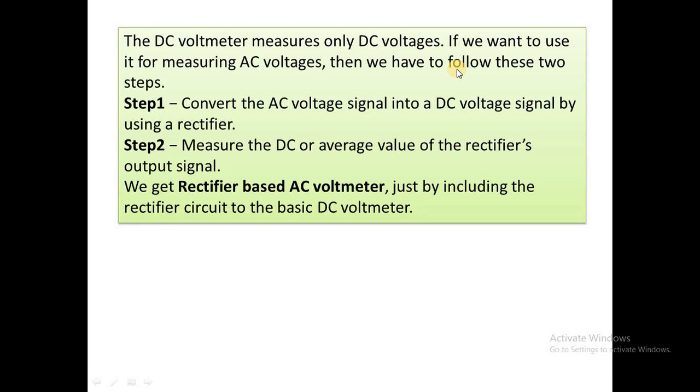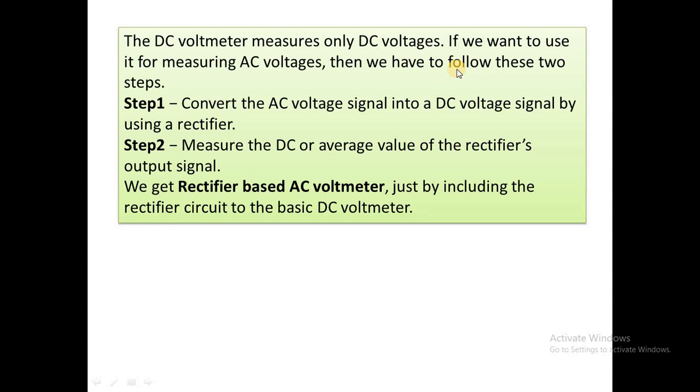First, we convert the AC voltage signal into a DC voltage signal by using a rectifier, and the second step is to measure the DC or average value of the rectifier's output signal. We can get the rectifier based AC voltmeter just by including the rectifier circuit in the basic DC voltmeter.